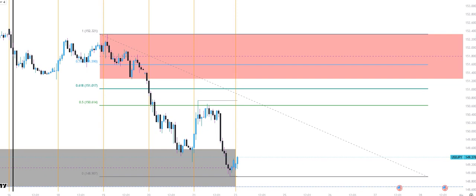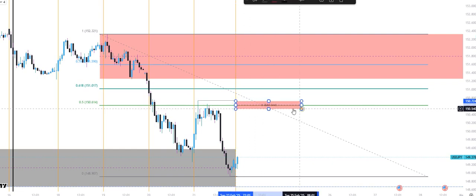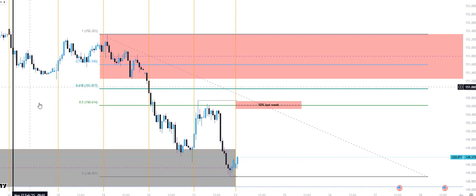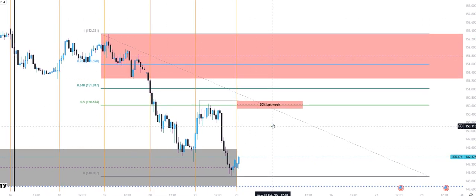Now, so what we have, we have this point here. Also this point here. So this is the 50% of the week. 50% of last week. Okay, so this is 50% of this week here. Okay, nicely done. Okay, and then we have an order block just above this.